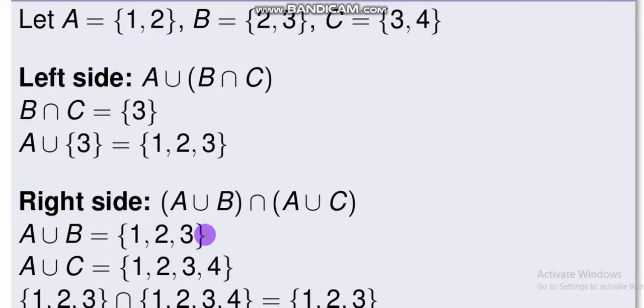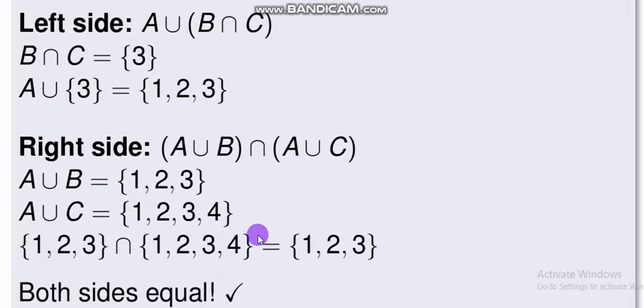That is A union B. And then A union C, you are uniting A with C. So you have 1, 2, 3, 4. You see all of them together. Then you find the intersection of the result, the intersection of this and this, the elements they have in common.